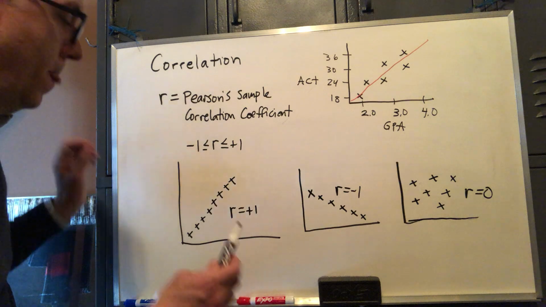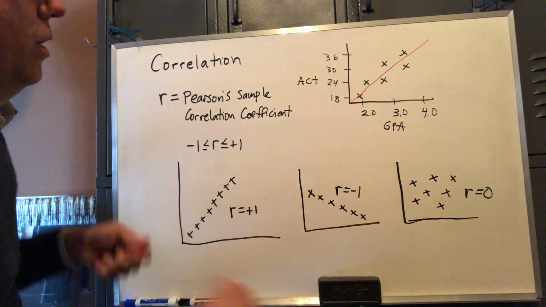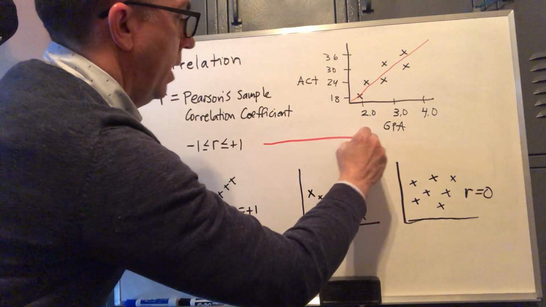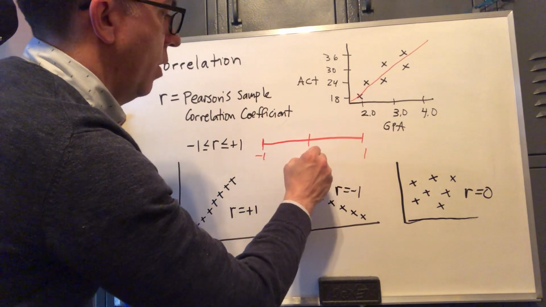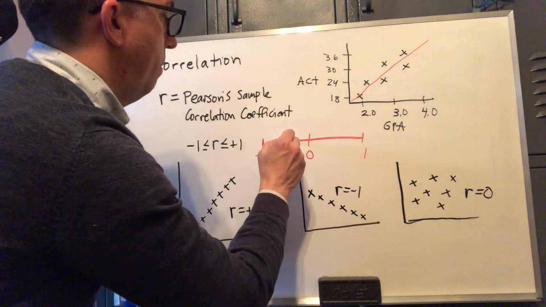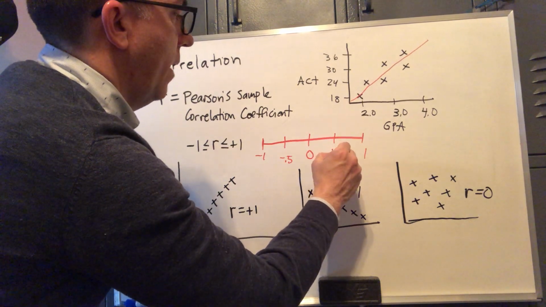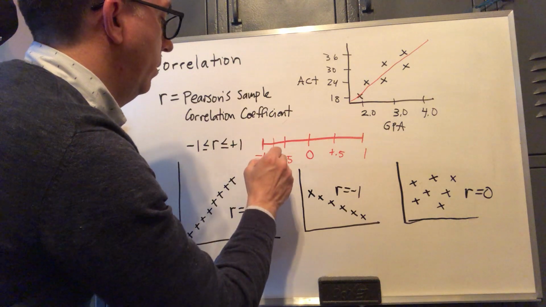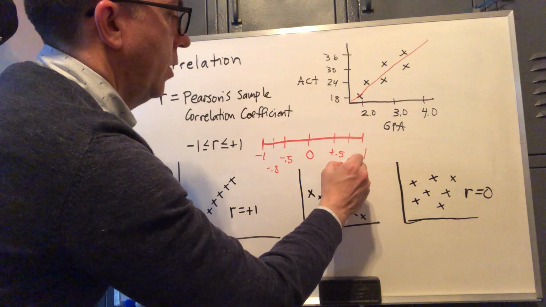No correlation. I like to have a little scale with this, and my dividers are the 0.5s and the 0.8s. So if I have a spectrum here, and this is -1, and this is +1, and this is 0, let's divide that up with -0.5, +0.5, -0.8, and +0.8.